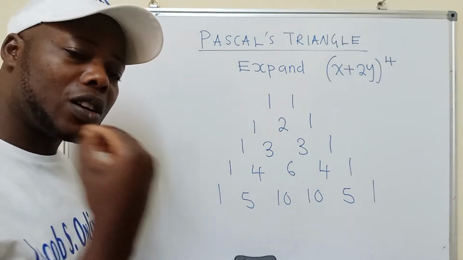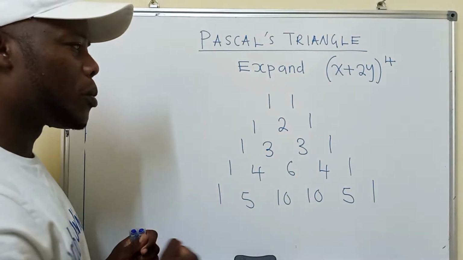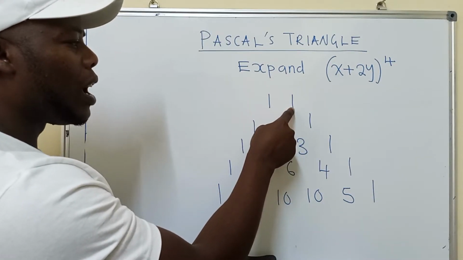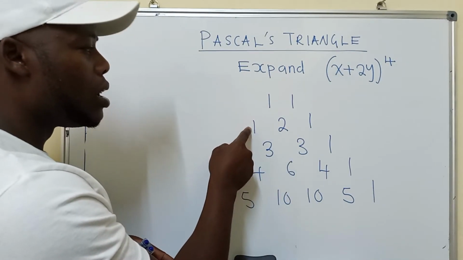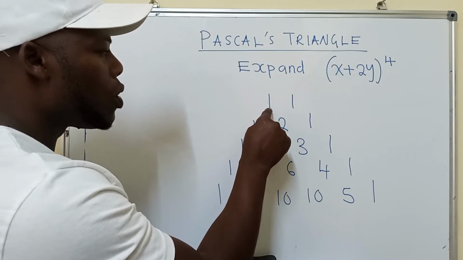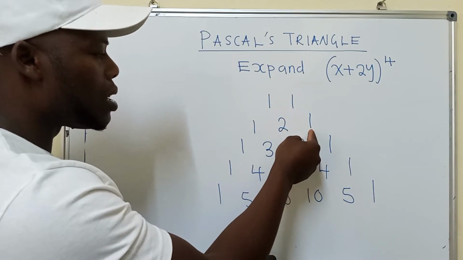The most important thing is how to come up with this triangle. You always start with 1, 1, and then you put a 1, and then you add these two numbers which are on top. 1 plus 1, you get a 2, and then write a 1 here.